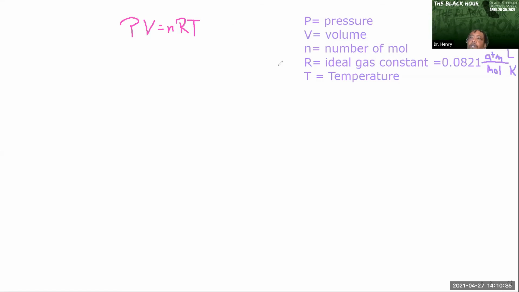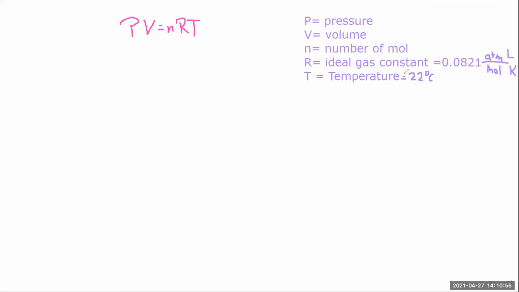We're going to assume our temperature is 22 degrees Celsius, which we have to convert to Kelvin because that's what our R is in. How can I convert 22 degrees Celsius to Kelvin? We just add 273.